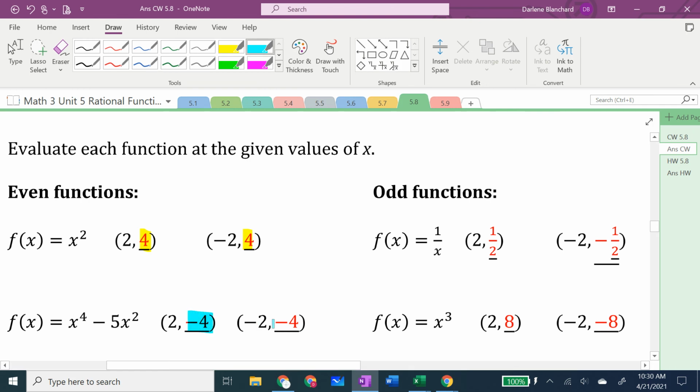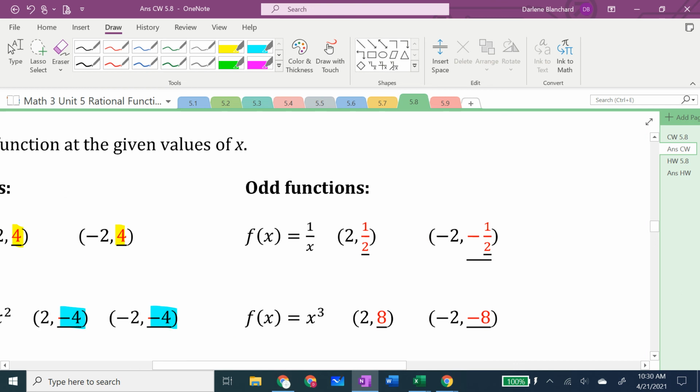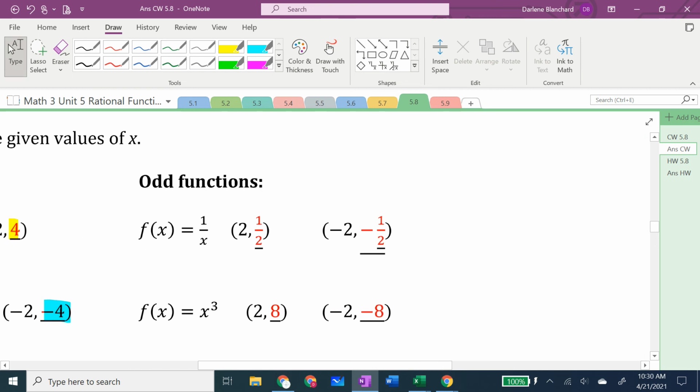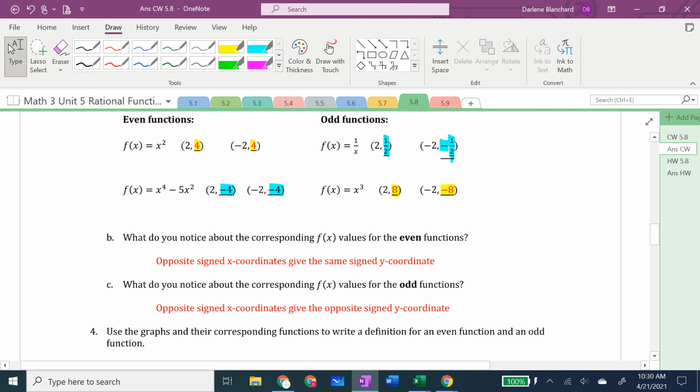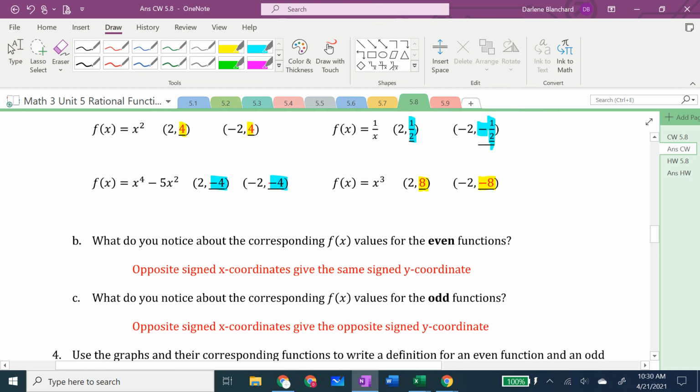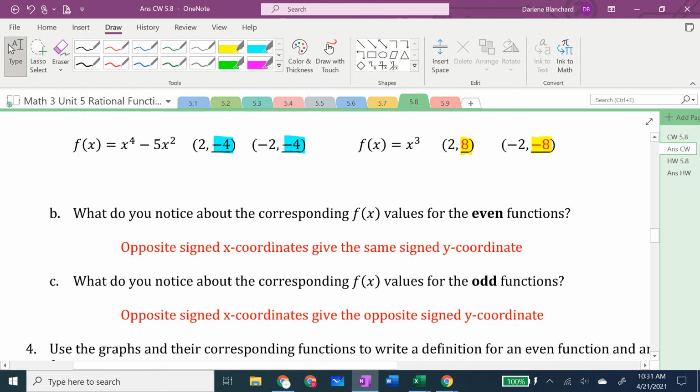But with odd functions, opposite signed x's give you opposite signed y's. And so that's basically what you need to notice. I'll give you a moment to write that down.